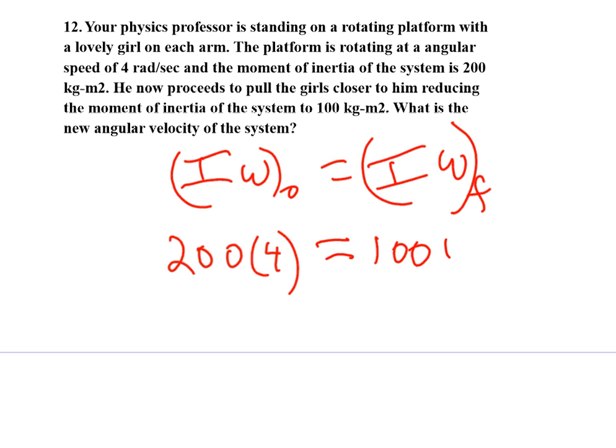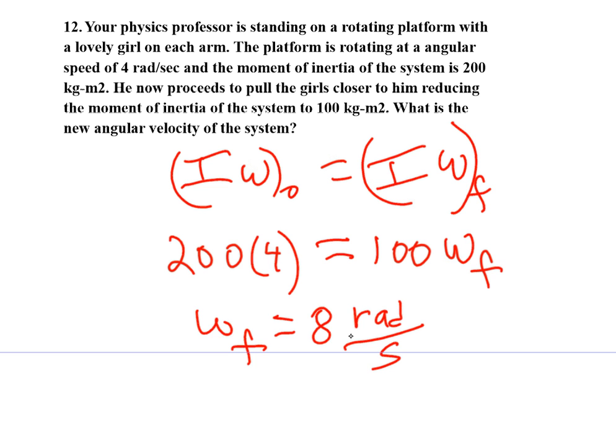So what is omega final? 200 times 4 equals 100 times omega final. Well, omega final must be double, so it is 8 radians per second. You get that by dividing both sides by 100.